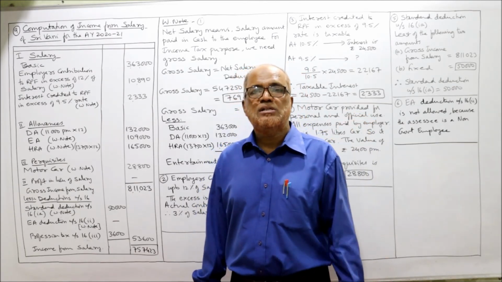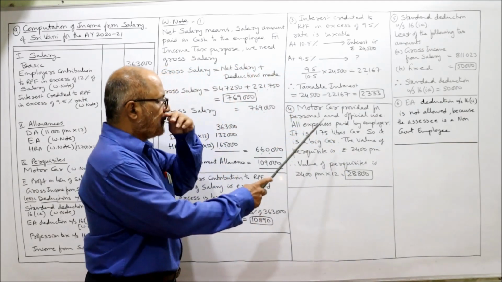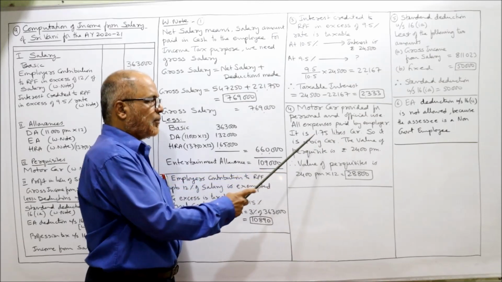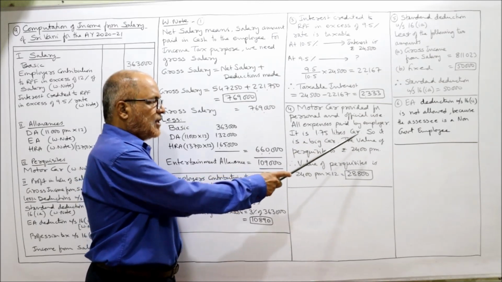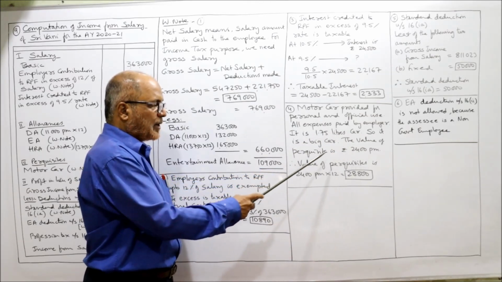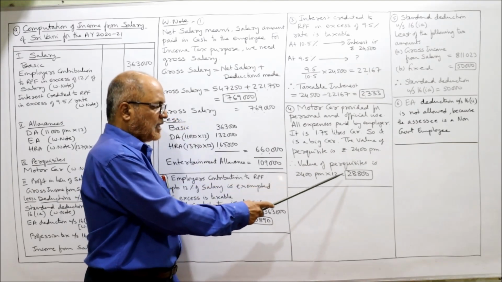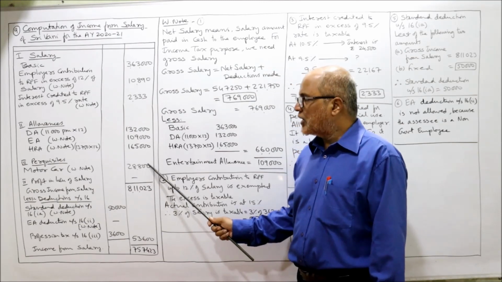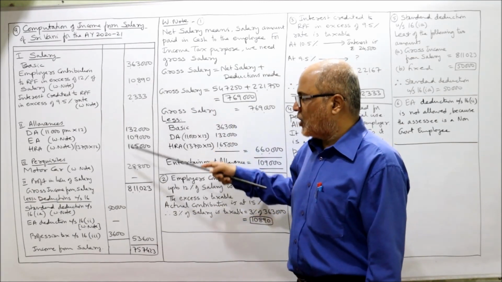So the value of the perquisite is 2,400 per month. The value of the perquisite is 2,400 per month into 12, 28,800. Motor car completed.